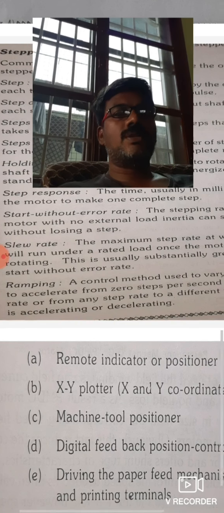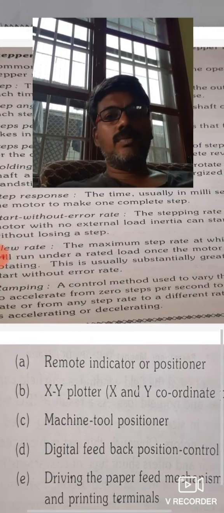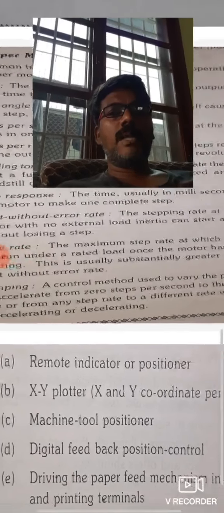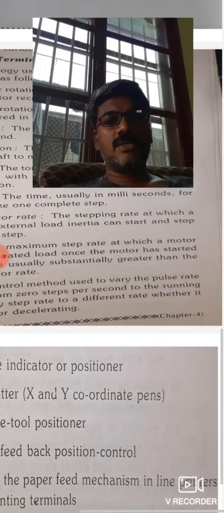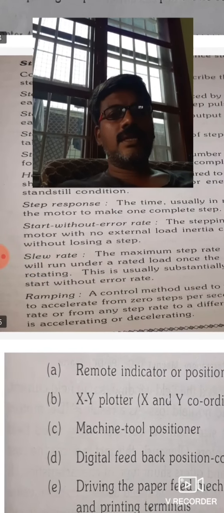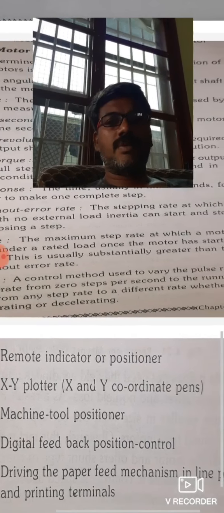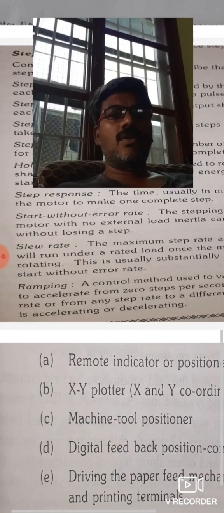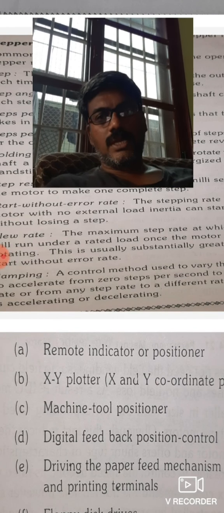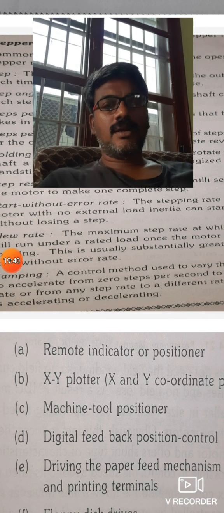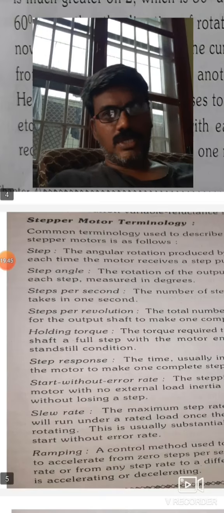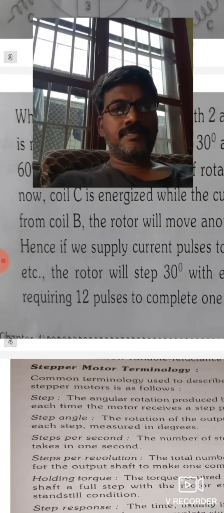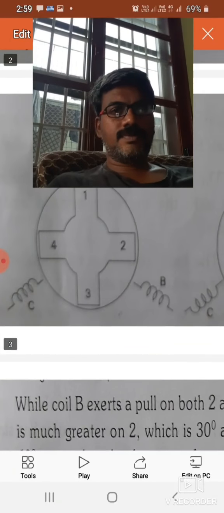Last one is ramping: the control method used to vary the pulse rate to accelerate from 0 steps per second to the running rate, or from any step rate to a different rate, whether accelerating or decelerating. So these are the terminology we will use in stepper motors.